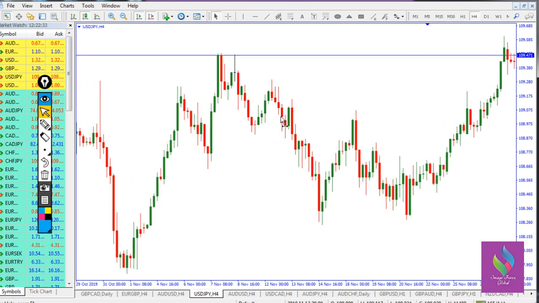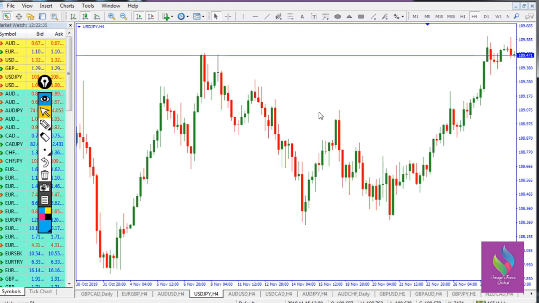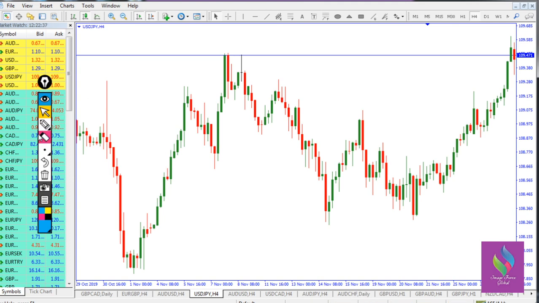Now, guys, you have price kicking up from this area and price going down. Went down, came back up, right into that region.